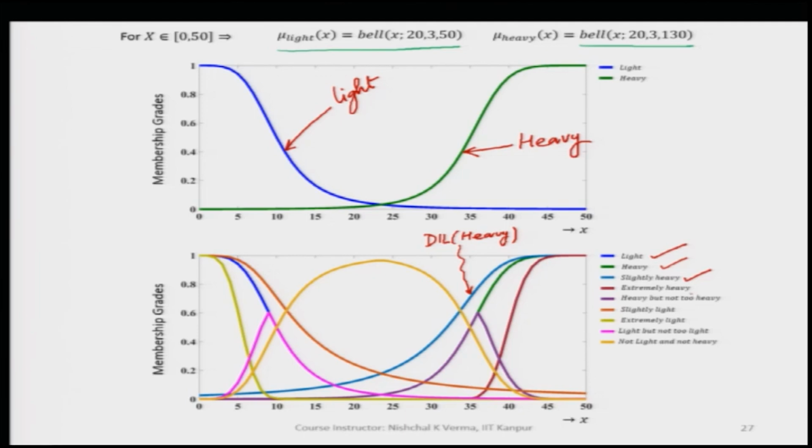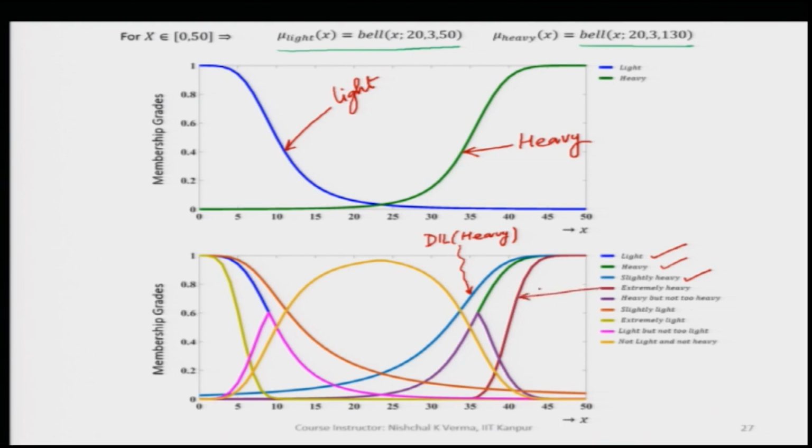And you see the extremely heavy here. Extremely heavy we can simply obtain by concentrating the heavy fuzzy set thrice.